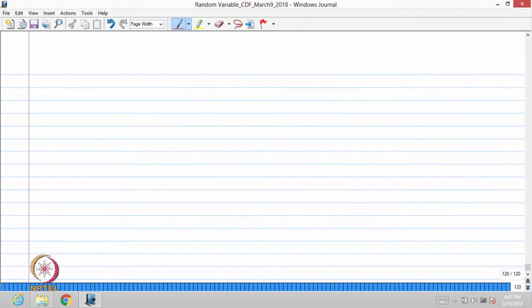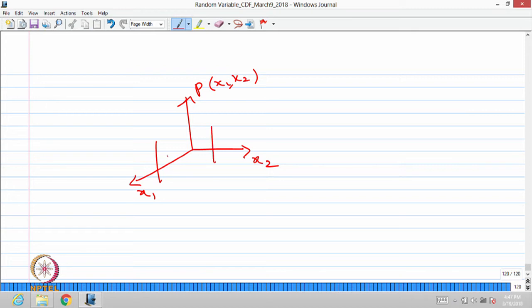You can go for a graphical representation of joint probability mass function x1 x2. So, this is the probability mass function of x1 comma x2. That means at some point in the two dimensional x1 x2 plane, whatever the height, that is going to be the probability mass function at the point x1 comma x2.